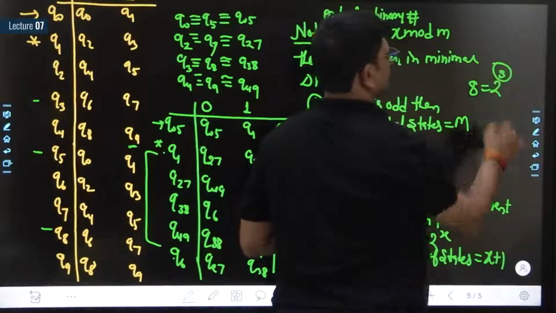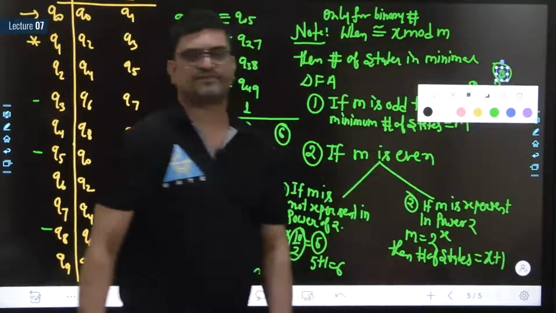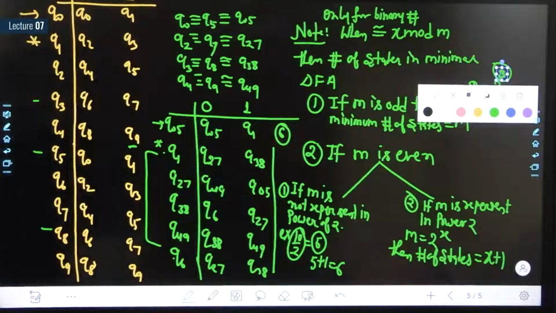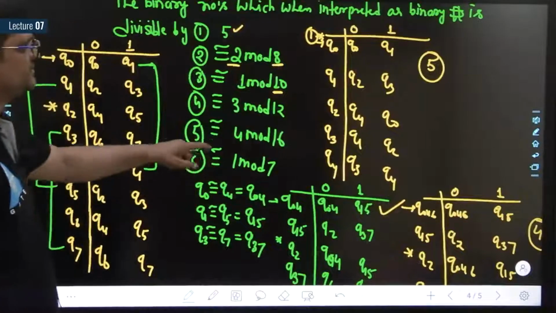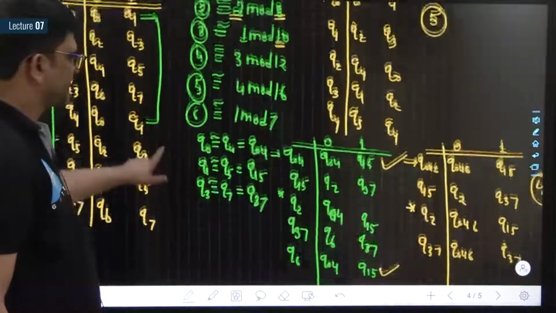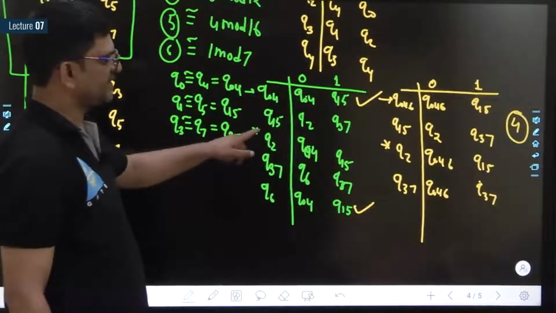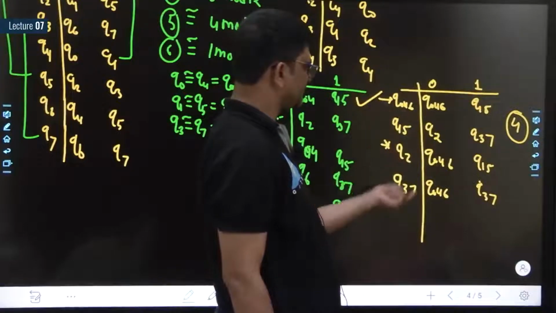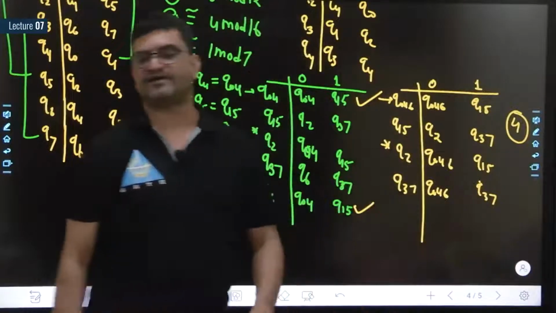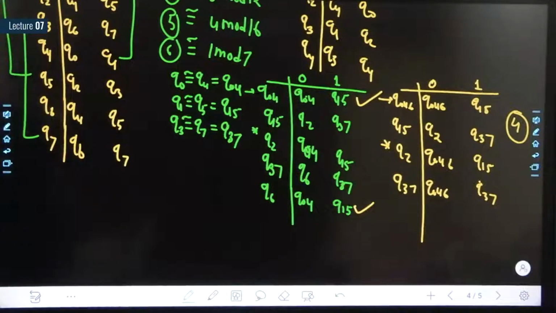This is x. Number of states is 3 plus 1, 4. When we divide a binary string by 8, the number of states is 4 in the minimal DFA. Clear? Okay. Do another questions.